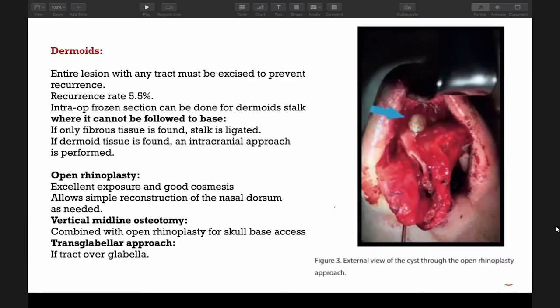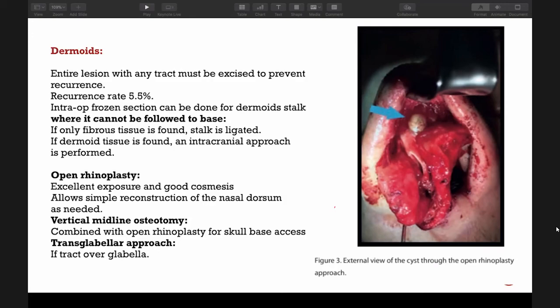The entire lesion, including the tract, must be excised to prevent recurrence. However, the recurrence rate is 5.5 percent. An intraoperative frozen section should be done to be sure that the dermoid stalk is out. If it cannot be followed to the skull base, and you find only fibrous tissue in the frozen section, then the stalk should be ligated.